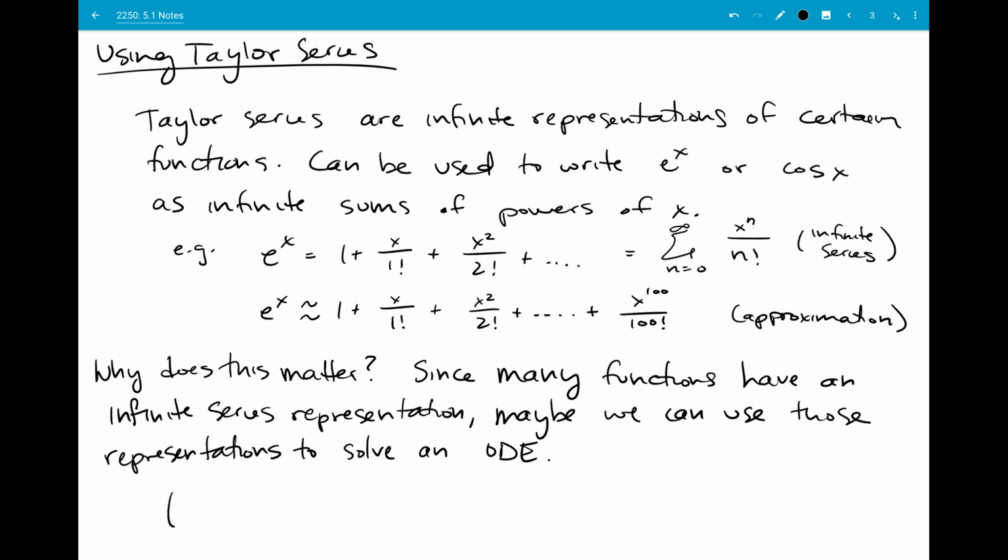And what this is going to look like for us is we're going to plug series into differential equations and see what happens. Remember, plug it in and see what happens is a really common approach we took to differential equations during exams 1 and 2.